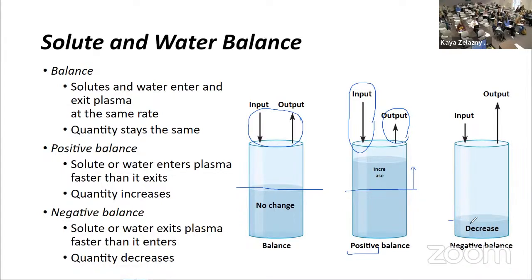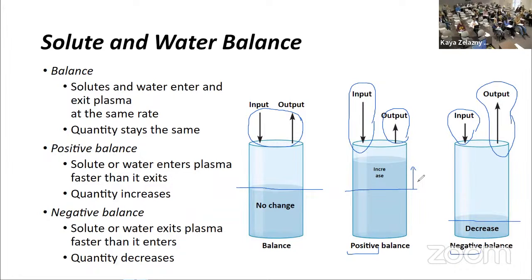So in negative balance, we're overall going to subtract from our total body water. So in negative balance, we're losing more water. So we have more water outputs than we have inputs, right? You can imagine how that might happen because we just mentioned that, for example, you have to have a minimum amount of urine excreted per day in order to get rid of all your waste products, right?